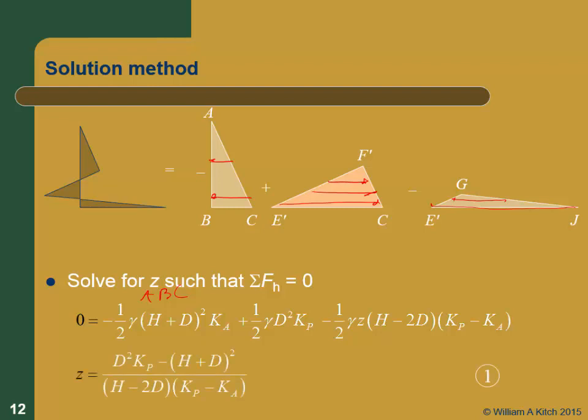So I can write that in terms of Z. Z appears in my equation right here because I had to assume the height of Z. So I can write the equation in terms of Z, and it gives me this equation. So I know Z now, right?